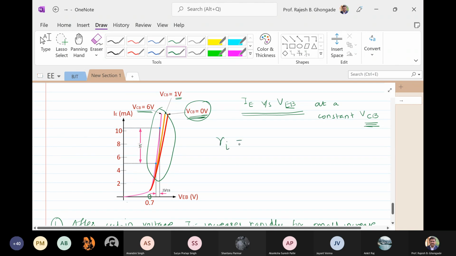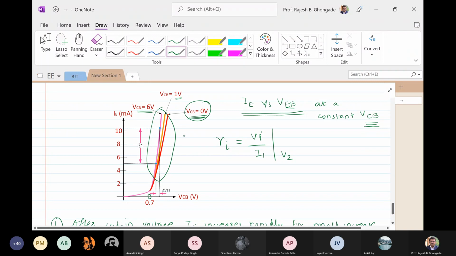Ri input resistance will be equal to क्या versus क्या? Vi और V1 divided by I1. ये हो गया उसका इनपुट रेजिस्टेंस. समझ में आ रहा है क्या? Yes, sir. बट अंडर अ कांस्टेंट V2 बिकॉज ये चेंज हो रहा है ना कर्व्स.